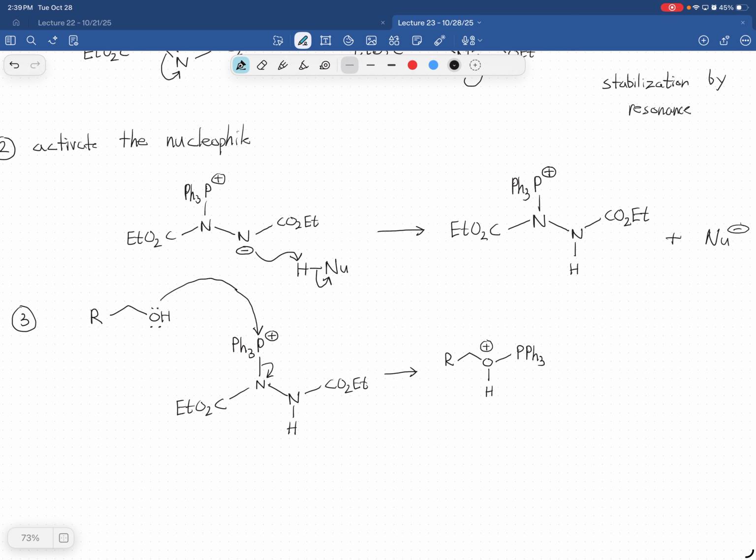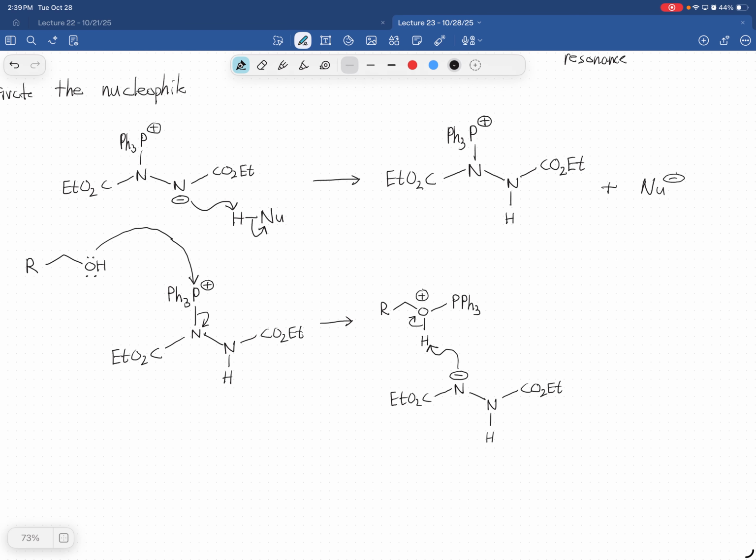All right, so this negative charge on the oxygen that we just formed is going to deprotonate this acidic hydrogen that we just drew out. Okay, so very similar to step 2, deprotonation of the alcohol. The phosphorus ester. Now we get R, O.